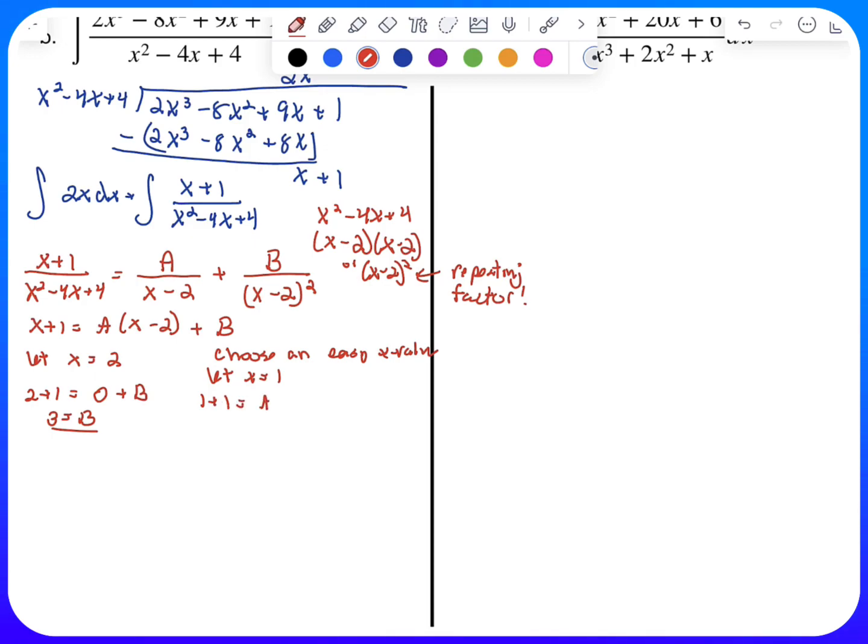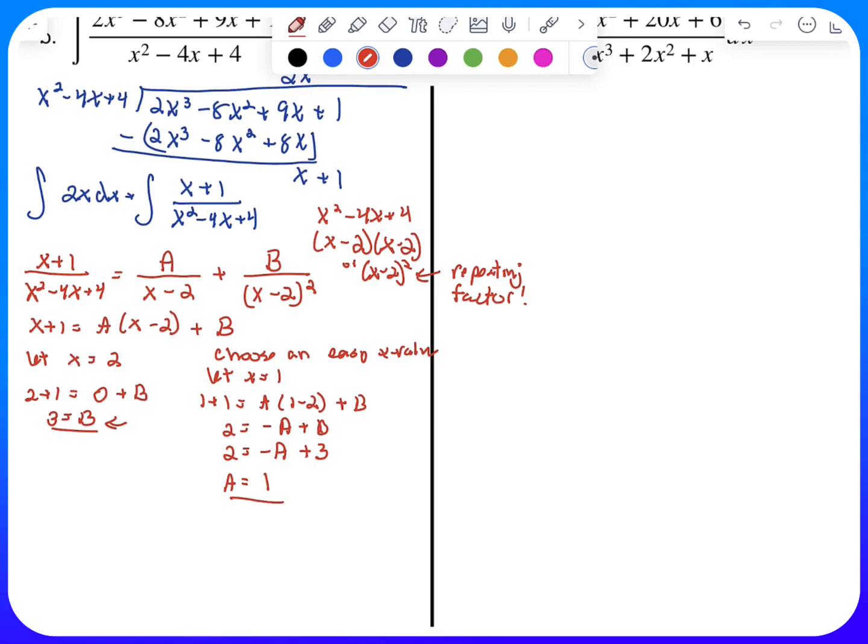So plugging that into my basic equation, I get that 2 minus a plus b, and then use that value that b is 3. So now I'm going to replace the b with 3 and solve for a. So a is equal to 1.